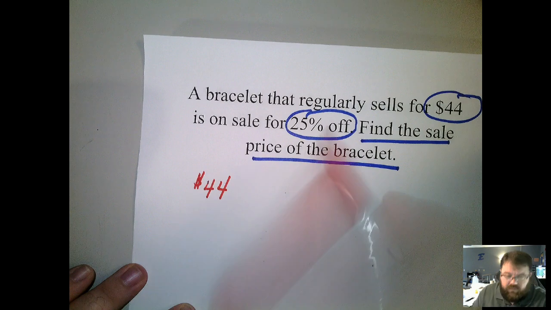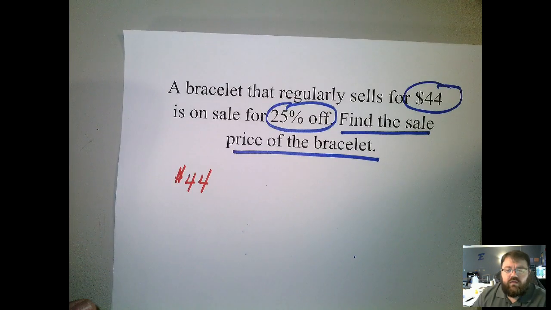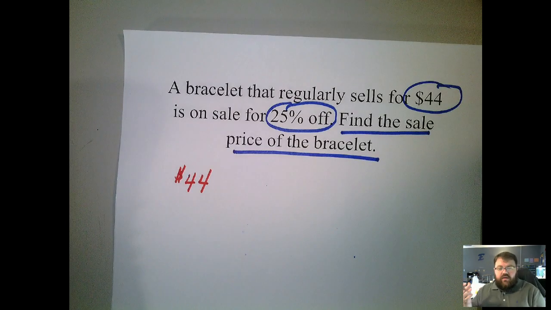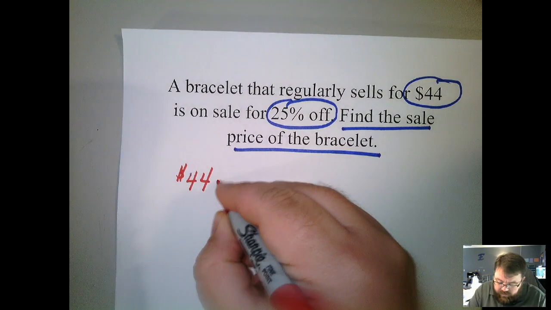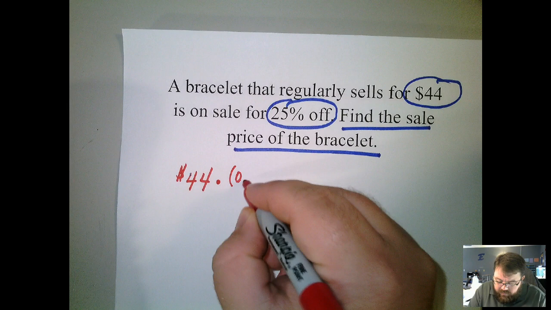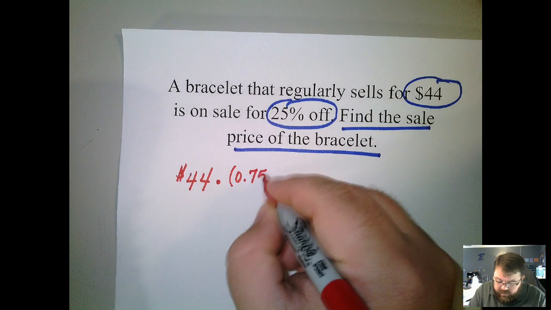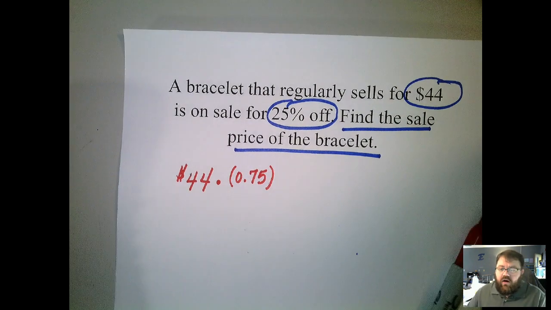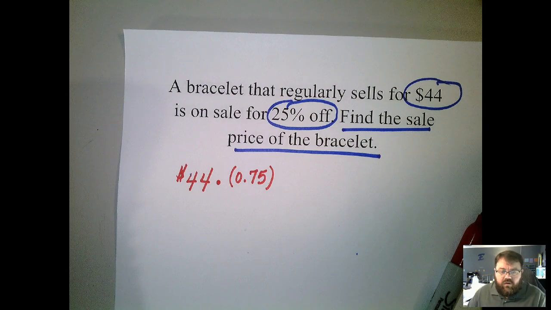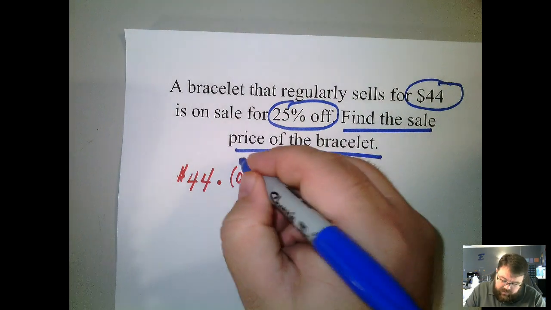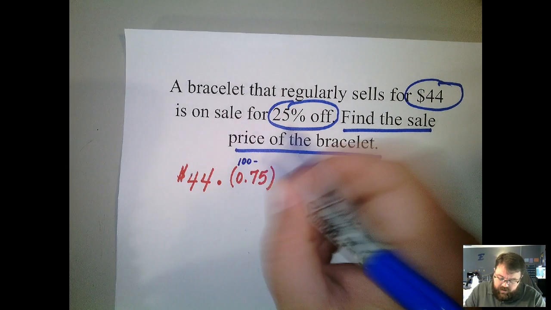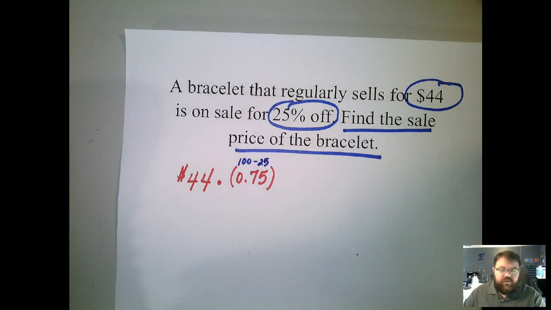and let's say that I know, well, if it's 25% off, I want to be paying 75% of that original price. So you can multiply it by 0.75. Again, all I did was take 100%, which is the price of any item, and subtract the discount here to get my 75/100ths.